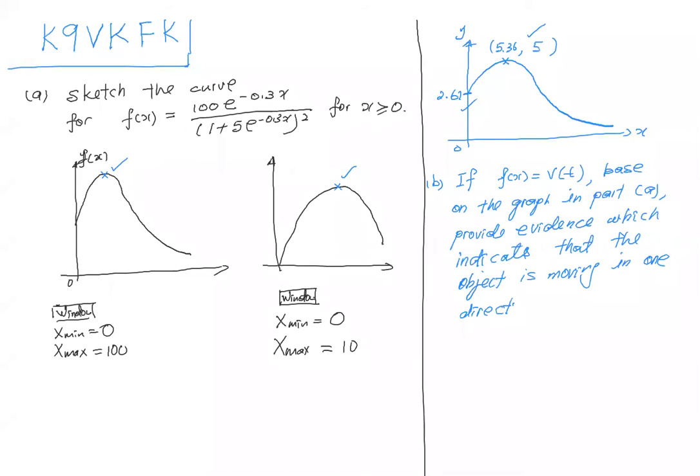So how am I going to answer this question? Velocity is only positive, so it never turns. But the question says provide evidence on the graph, so you have to talk about the graph itself.